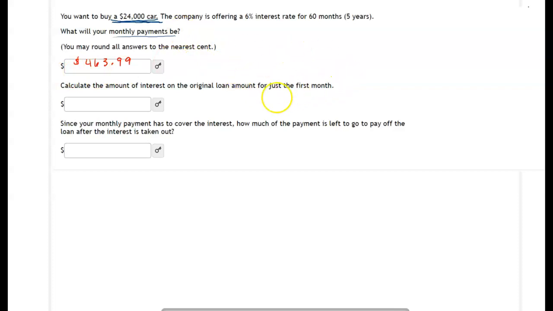So after 1 month, for just 1 month, the original loan amount was $24,000. So the formula for finding the interest on a given amount is principal times rate times time. And so the interest, which is what we're trying to find, on an original loan of $24,000 at an interest rate of 6%, this is not the TVM solver, so we'll write that as 6% as a decimal.